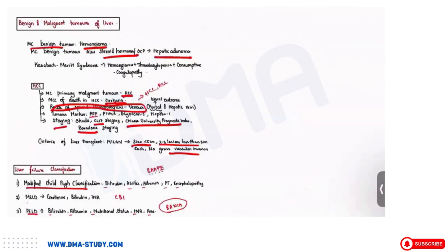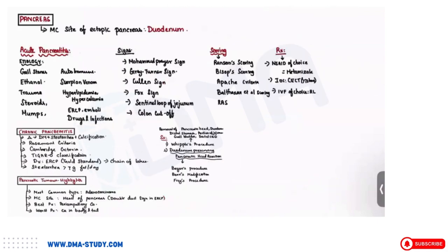And speaking about the pancreas, acute and chronic pancreatitis: in acute, the most common cause is gallstone, and you may see a variety of signs. The names of the signs are pretty important. Mohammed prayer sign, Grey Turner, Cullen sign, Fox sign, sentinel loop of jejunum, and colon cutoff sign. Whenever a patient comes with acute pancreatitis, the first thing to do is CECT.